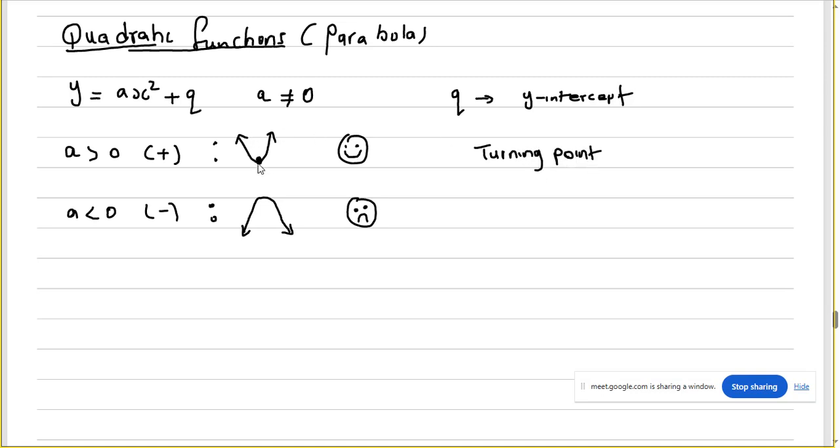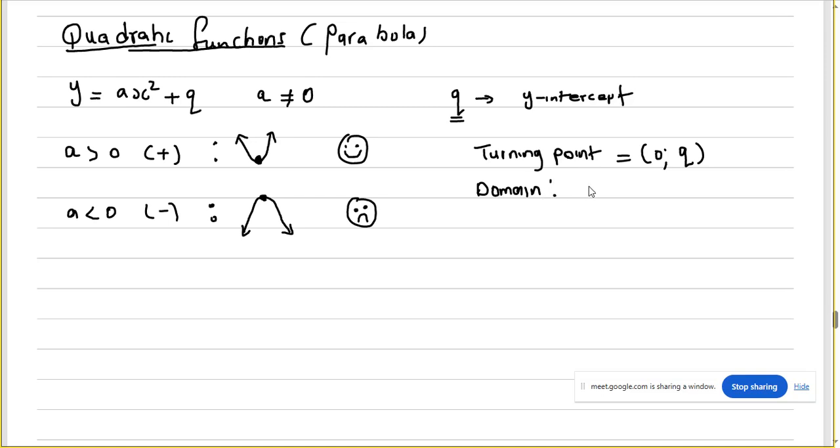This is your turning point. The turning point is always 0 and that q value. Whatever q you are given, if you are given q as 5, your turning point will be 0 and 5. Okay? Let's talk about the domain.